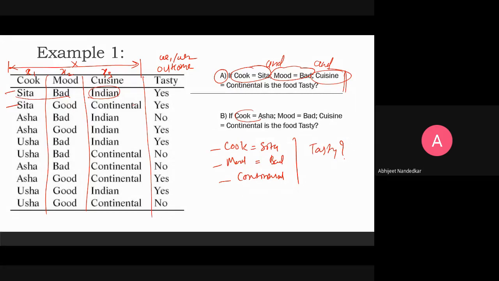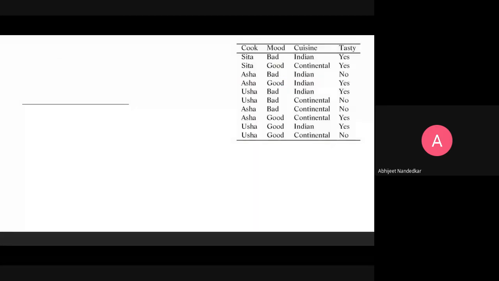But the way out is that we assume all the variables are independent. So cook, mood, and cuisine are now independent. If I assume that, then I can answer the following probabilities.